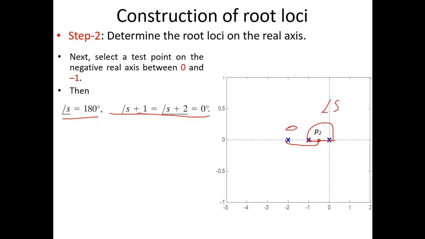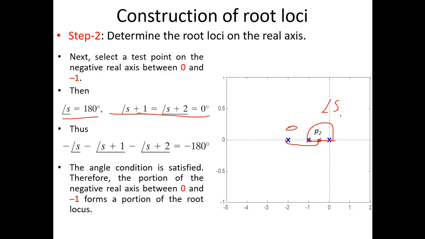If you add all of these, you will get 180, which is an odd number of 180. So this point P2 is actually on the root locus.